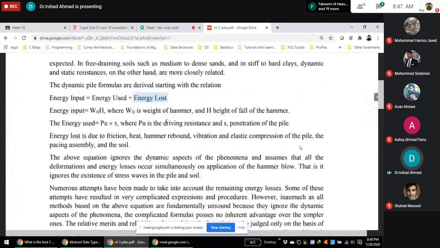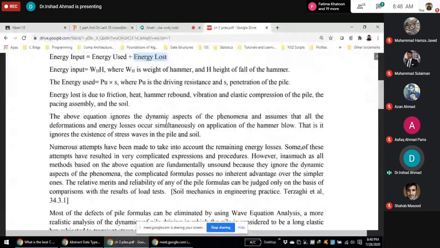But all of these equations have one assumption at the core, which is that the input energy and energy use occurs with no time lag. As you drop the hammer on the pile, simultaneously at zero time lag the penetration occurs.